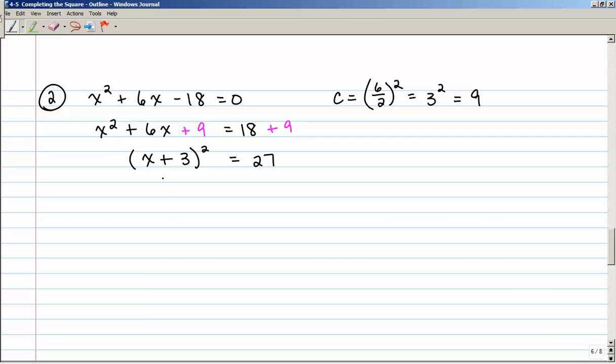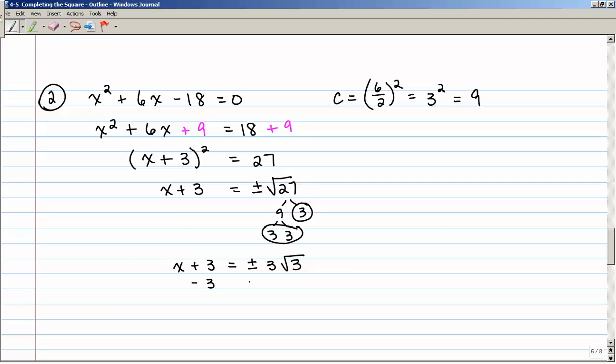Taking the square root of both sides, x plus 3 equals plus or minus the square root of 27. 27 factors into a 9 and a 3 and a 3 and a 3. So 1 3 inside, 1 3 outside, 1 3 inside. x plus 3 equals plus or minus 3 square root of 3. Way too many 3's in this problem.